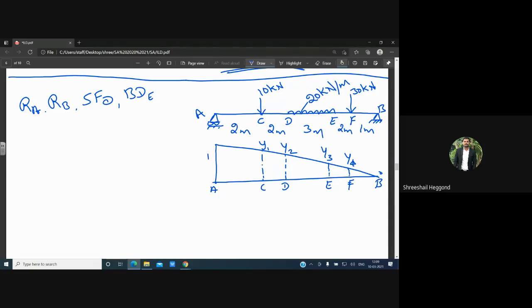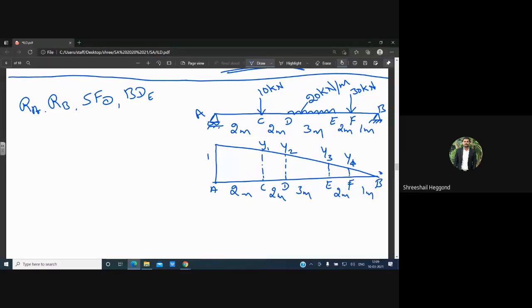You need to calculate y1, y2, y3, and y4. The distances are given in the numerical: 2 meter, 2 meter, 3 meter, 2 meter, and 1 meter.